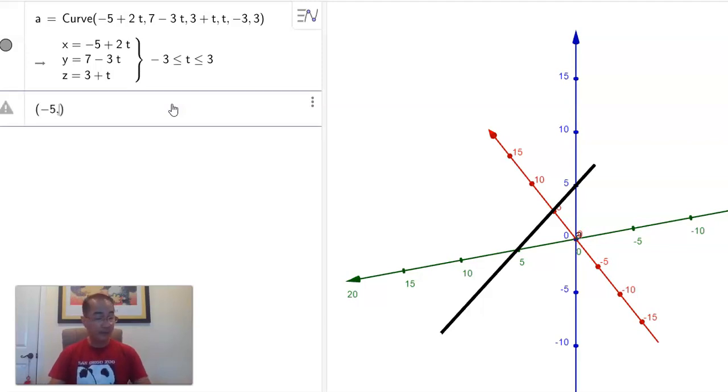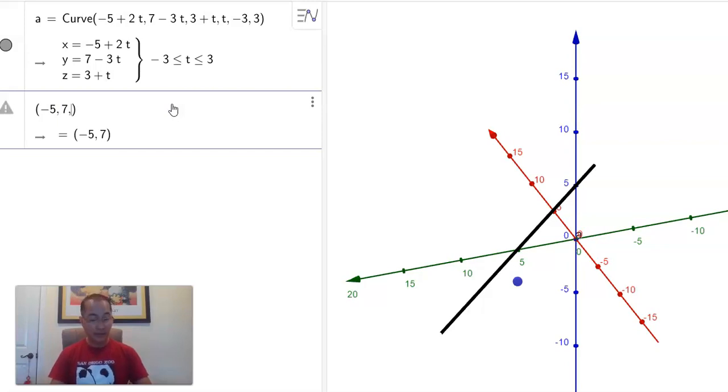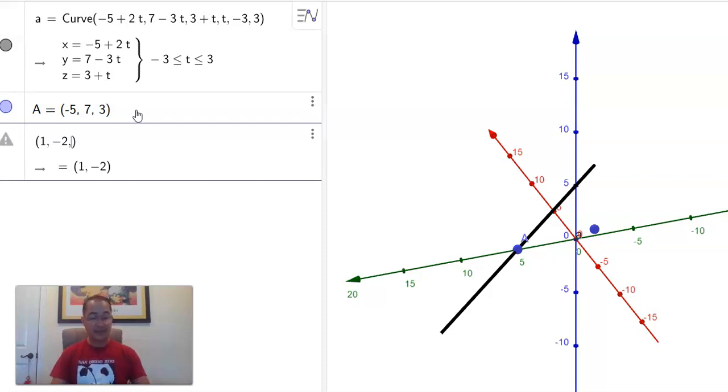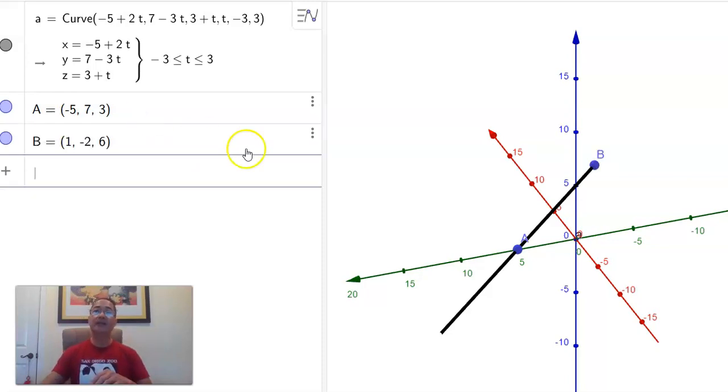Okay, so we have -5, 7, 3, and yes, of course, it better be there because we used it. And the second point is 1, -2, 6. Are you there? Yes, you're there. So there is point B.